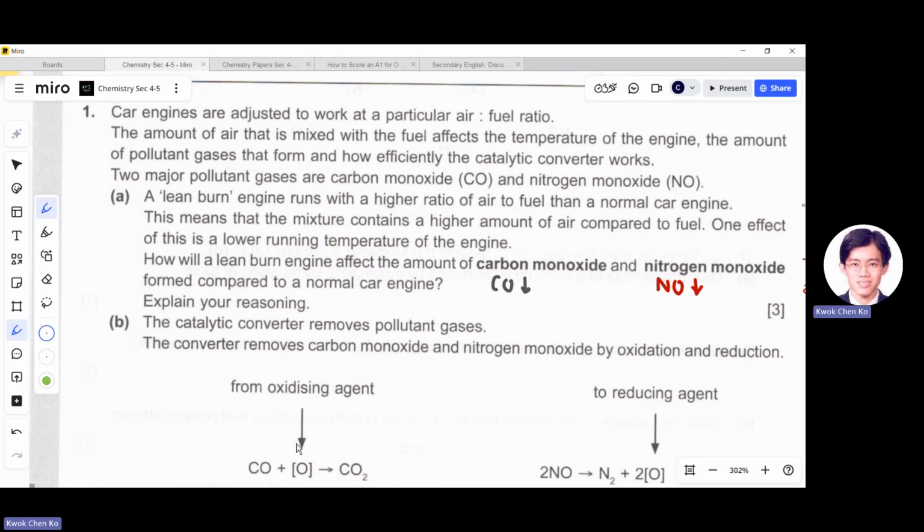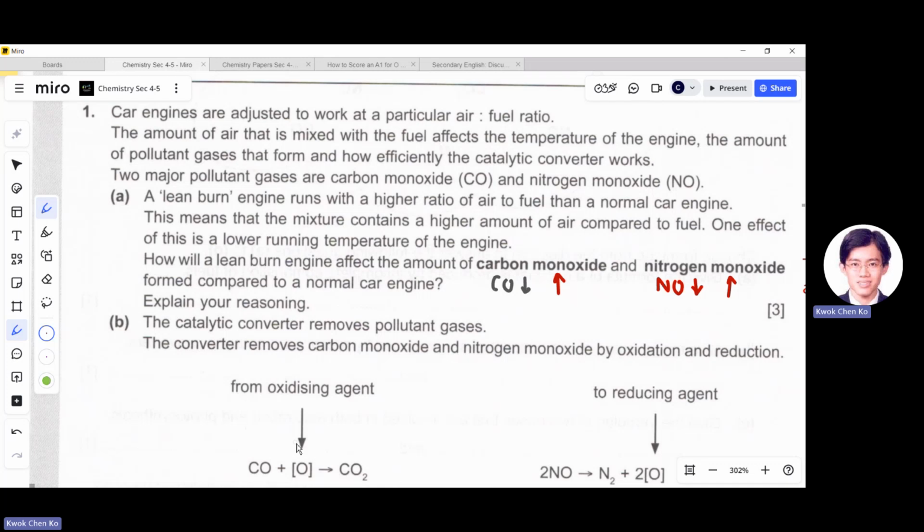Dylan, how do you answer this? Do you have the same conclusion? CO will increase, and it produces more and more NO. So both CO and NO increase. But do you explain? The lean burn engine produces more carbon monoxide.